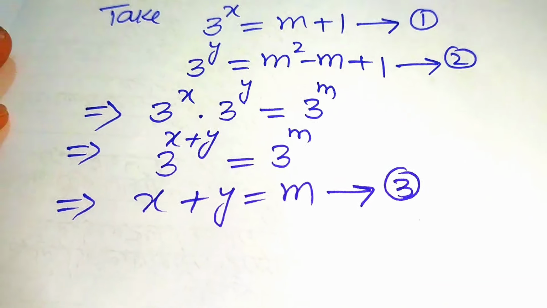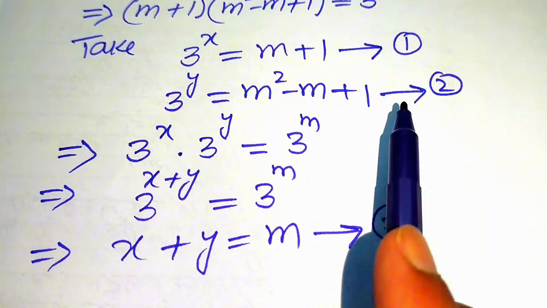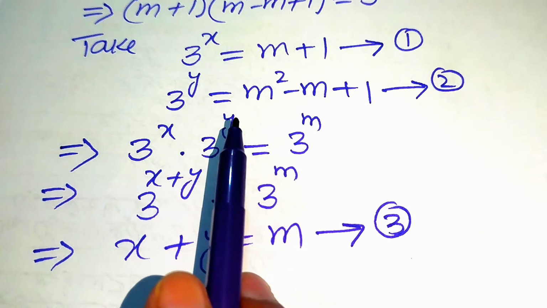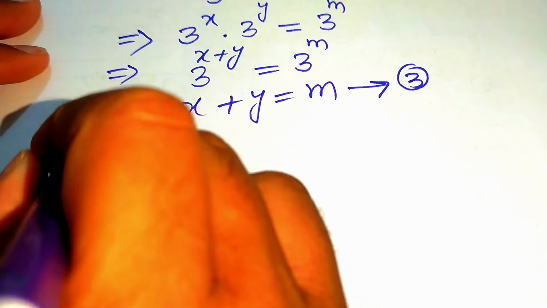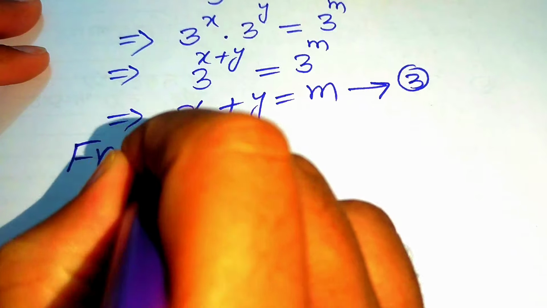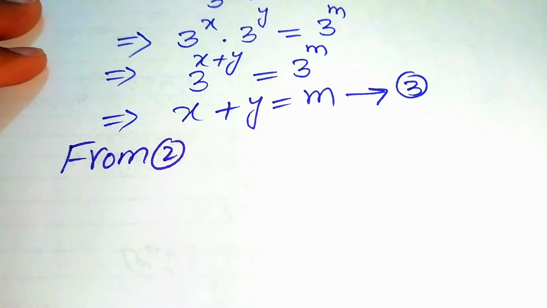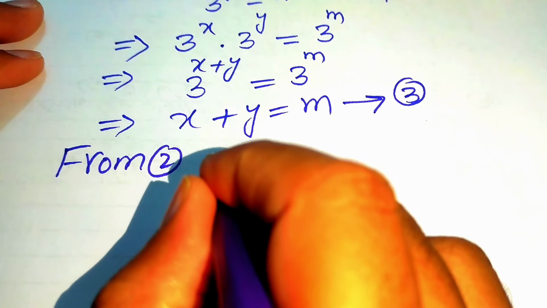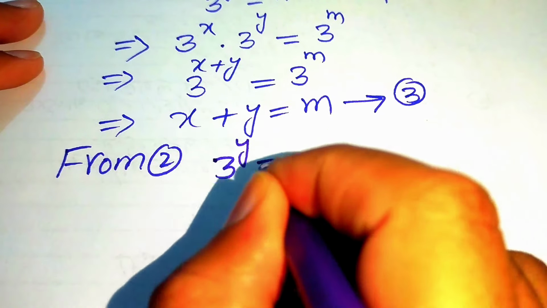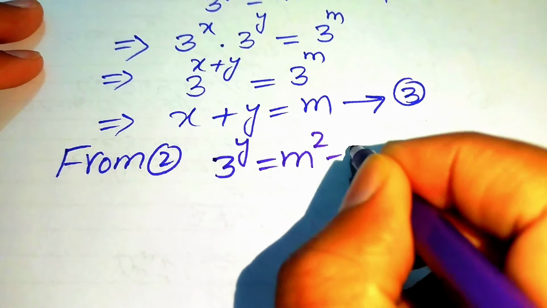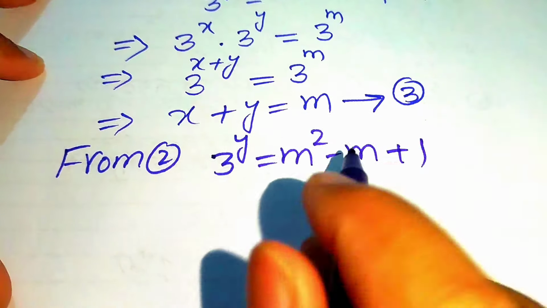So now we focus on equation number 2 and further solve it. Equation number 2 is 3 to the power of y equals m squared minus m plus 1.